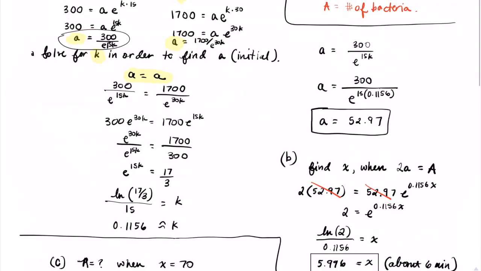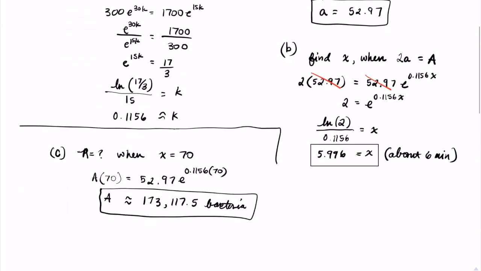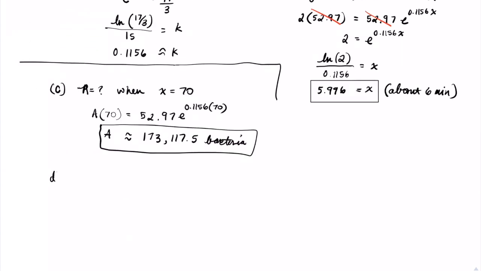And then the last part is when will the population reach 11,000? If the population is 11,000, then we need to find the time, how long that would take. So we would have 11,000 equal to the initial 52.97 e to the 0.1156x.